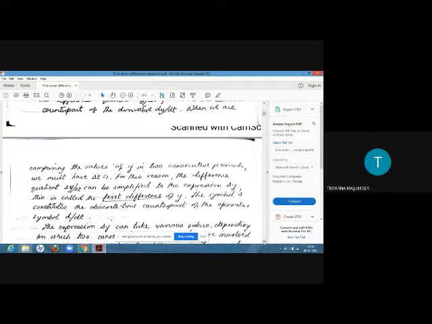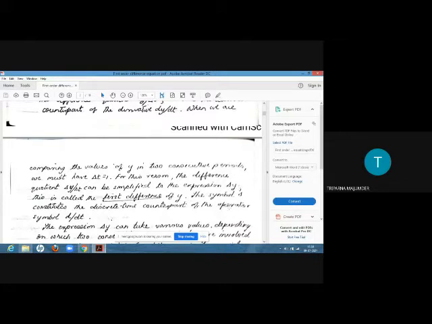That means delta t is equal to 1. For this reason, the difference quotient delta y by delta t can be simplified to the expression delta y. Because the denominator delta t is equal to 1, delta y by delta t becomes only delta y, and this is called the first difference of y.